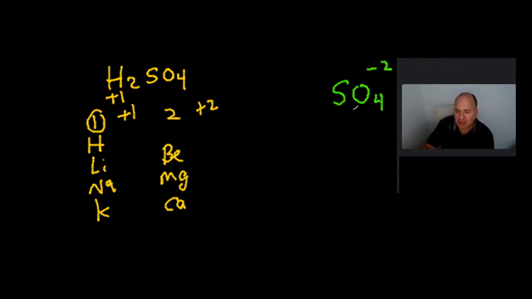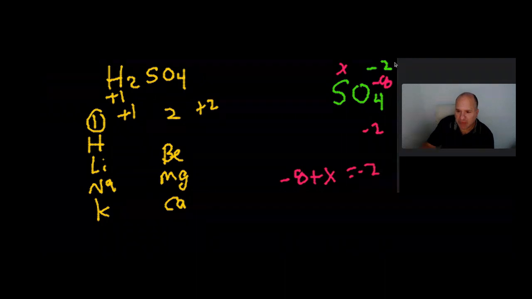And so from the negative 2 charge, you can figure out then what the sulfur is, because the oxygen itself is normally negative 2. So negative 2 times 4 would give you negative 8. And if S is unknown, we'll make this X. So we'll say negative 8 plus X equals, the overall charge is negative 2.